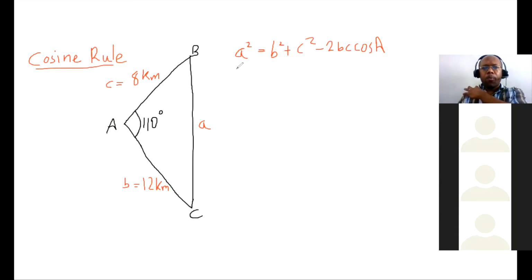What if I was looking for B? What would be the formula? Can somebody tell me? Say I wanted to find the value for B. Let's say I didn't know it was 12 km. It was missing, but I had this angle between two given sides. Let's say I knew what A was, I knew what C is. I have this angle, but I don't know what B is. What would be the formula? What would go here?